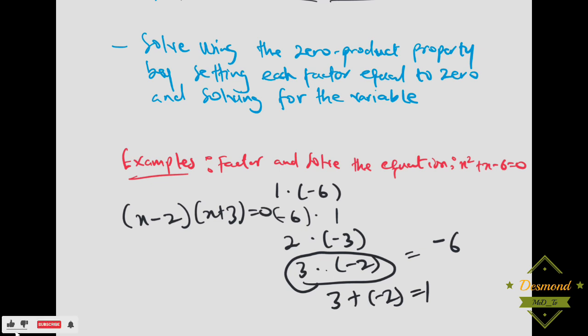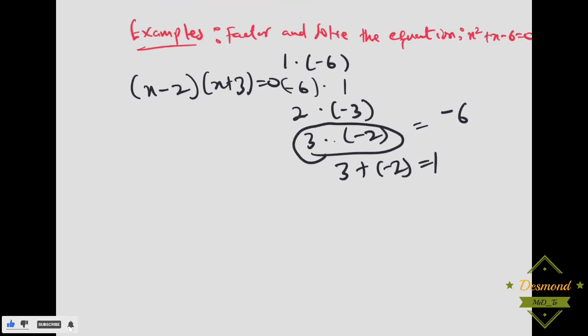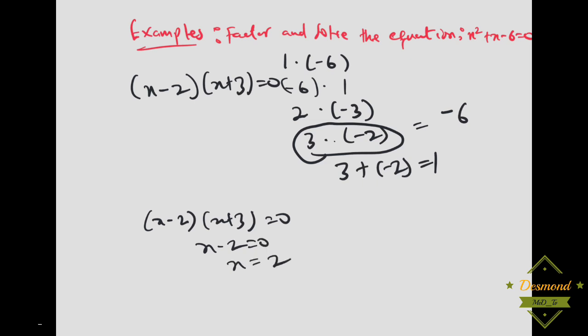Then we use the zero product property to solve it. We have x minus 2 equals 0, where x should be equal to 2, or x plus 3 equals 0, where we have x to be negative 3.